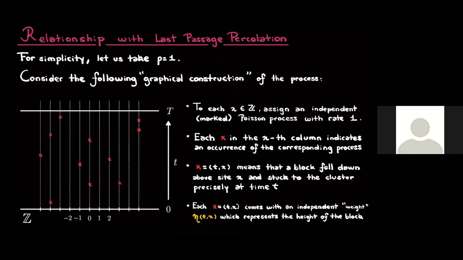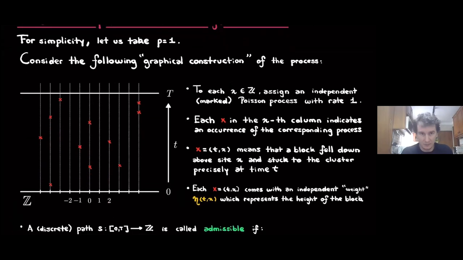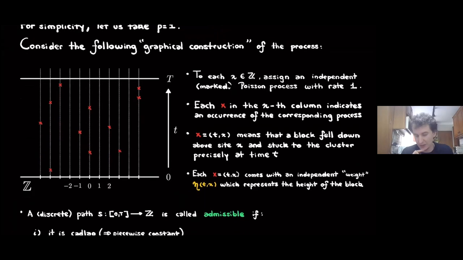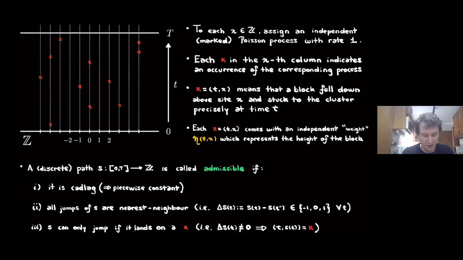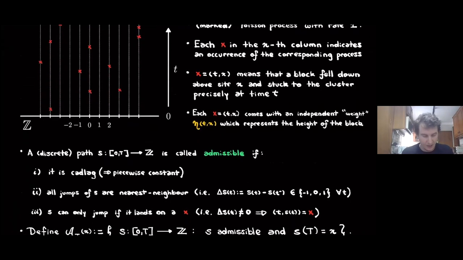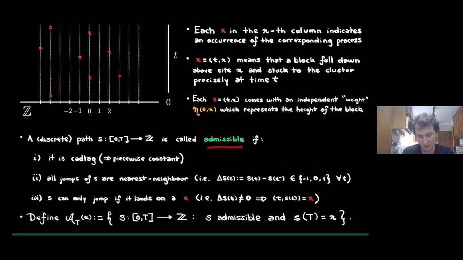Okay. So if you want to take another p, what you need to do is add like a second mark to these red crosses. And this mark is going to be the outcome of a coin, okay? And so the only difference is in the definition of an admissible path, because if you have a p which is not 1, then a path is going to be admissible if it satisfies 1 and 2, and the only difference is that it can jump to a red cross only if this red cross has a coin which is heads.